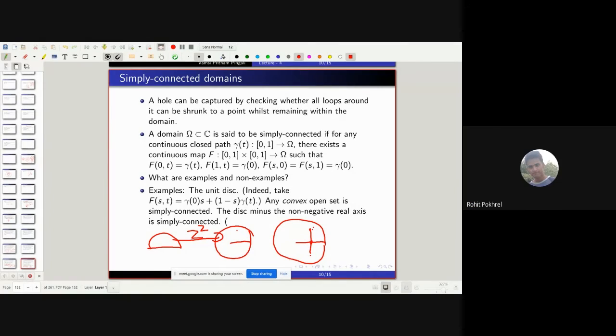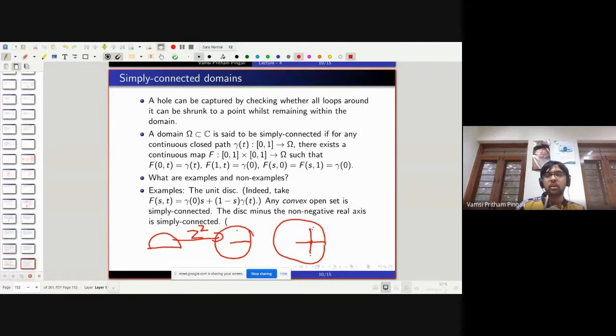Very good, that's correct. So as he was saying, if I take any loop here using this, and this is a conformal map, that means its inverse is also a holomorphic map. In particular, it's continuous and one-to-one. So if I take any loop here, it becomes a loop here. And this is simply connected. Why? Because it's convex.